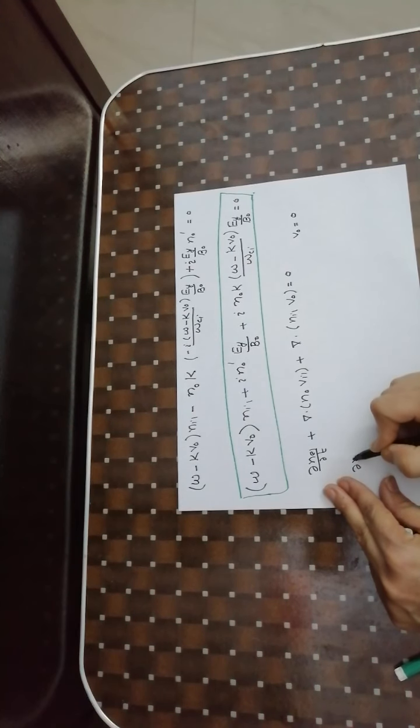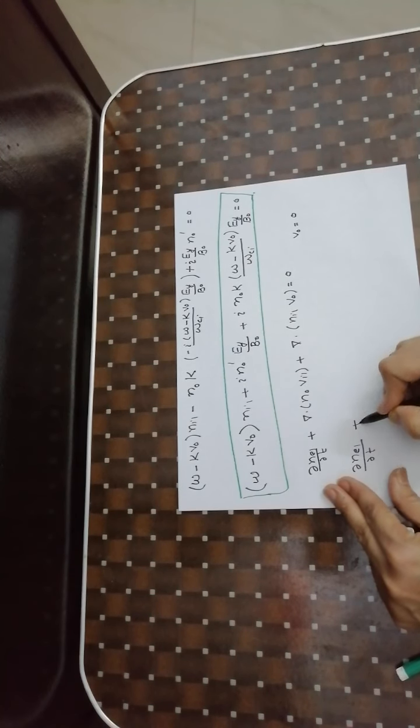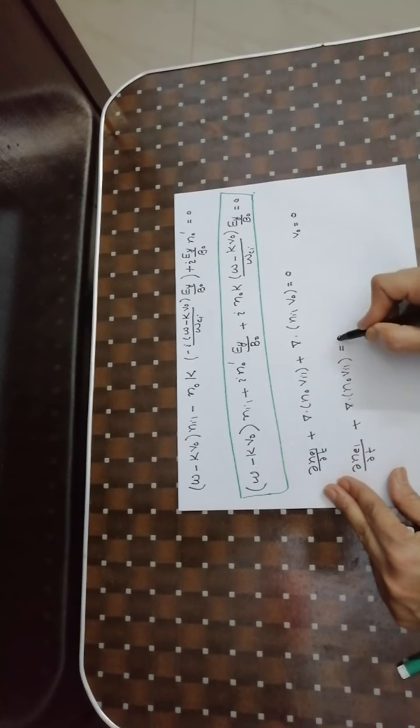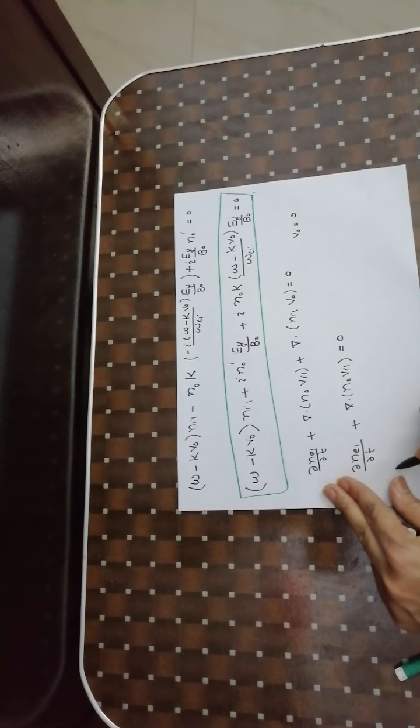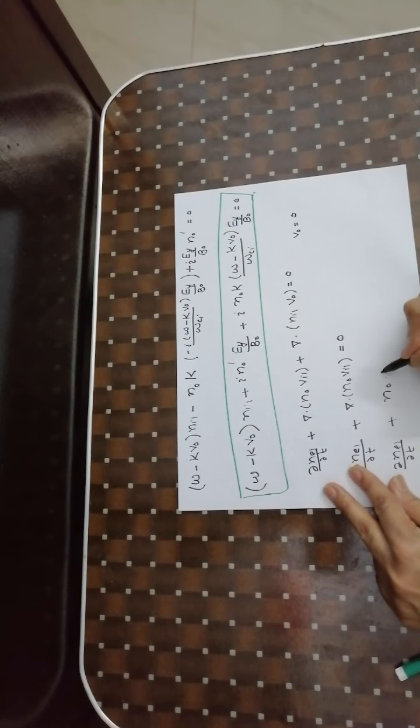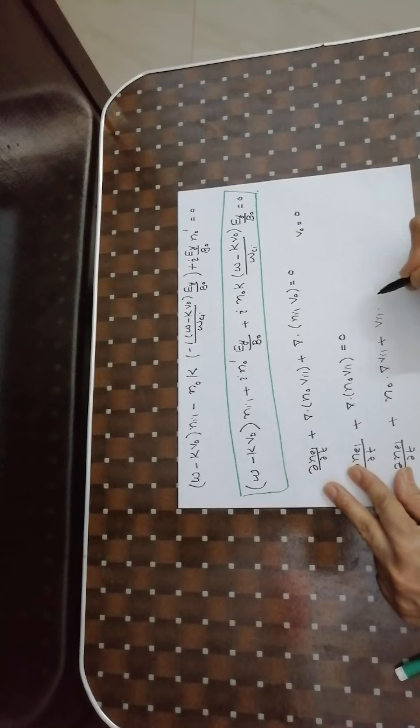So the possible combination left will be partial Ne1 by partial t plus N naught del dot Ve1 plus Ve1 dot del N naught equals 0, if I operate the operator.